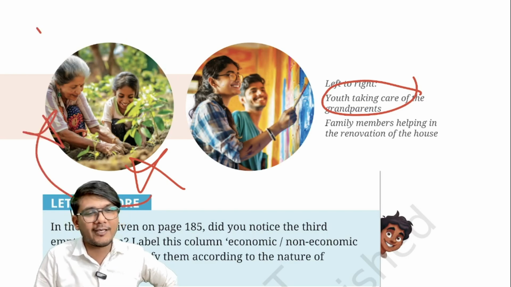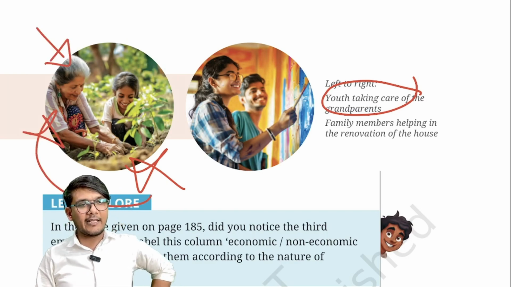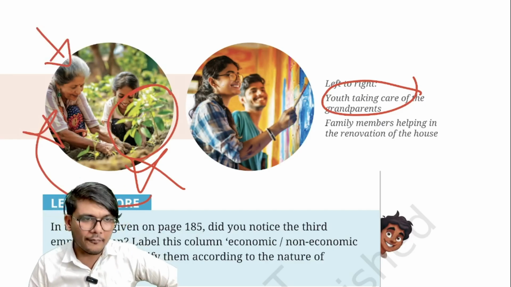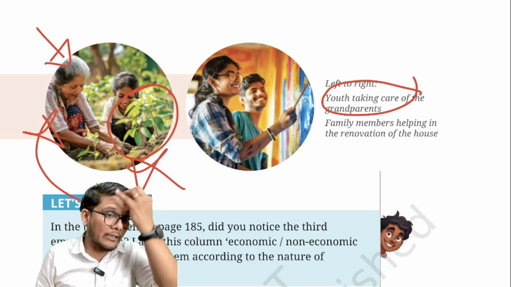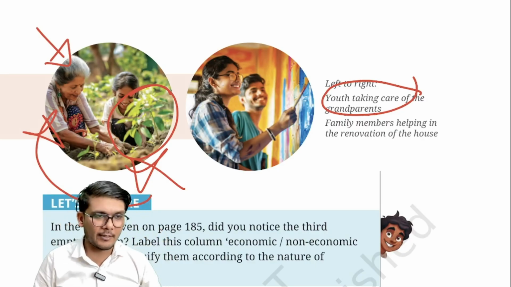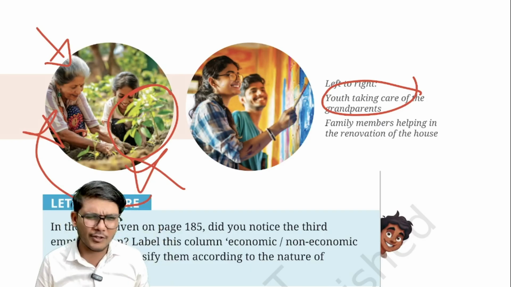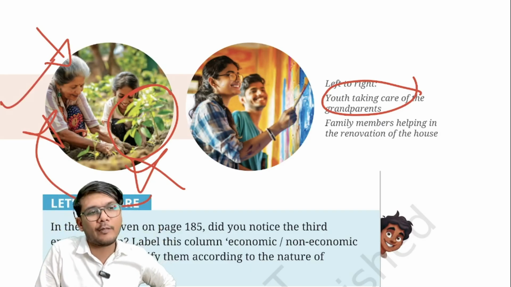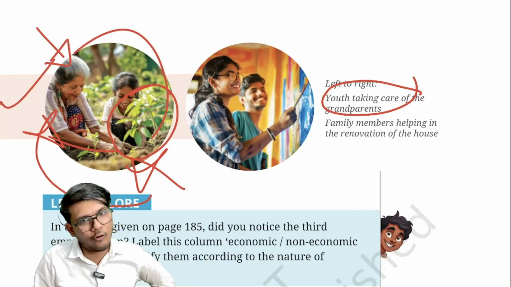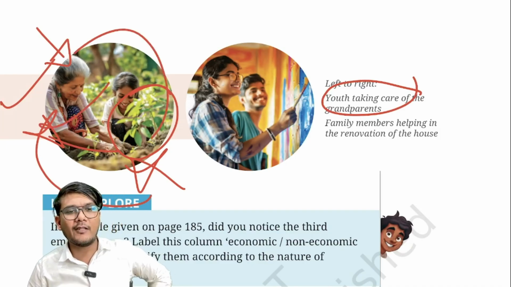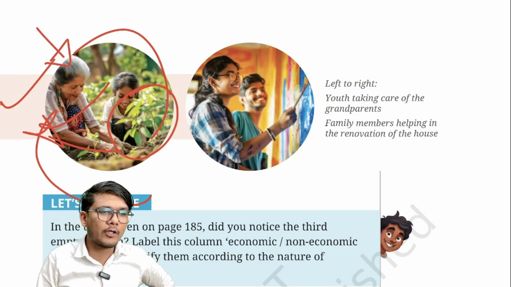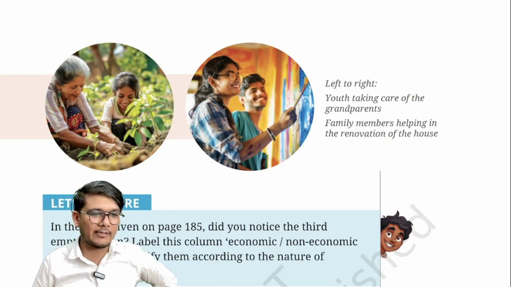Probably it's an artificial AI generated image, so more than taking care of the grandparents, basically planting the tree and stuff, but fair enough. Giving support to them or being with them itself is taking care of them, because elderly actually face social isolation and stuff, so fair enough, this is also fine. Example could have been better of picture, but this is also fine. Then family members helping in the renovation of the house, so painting your own house, so on and so forth, is all the non-economic activities.